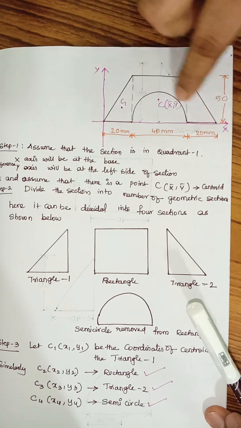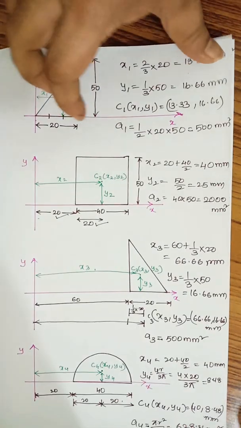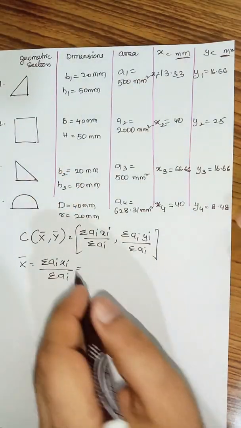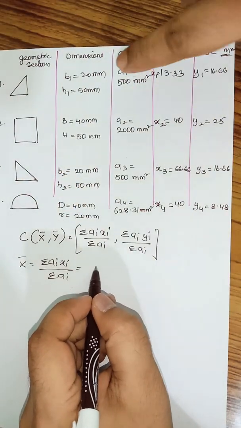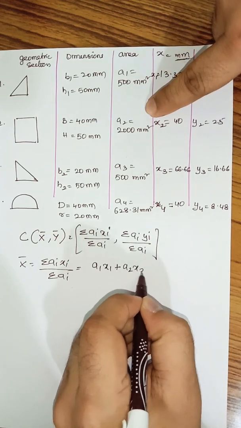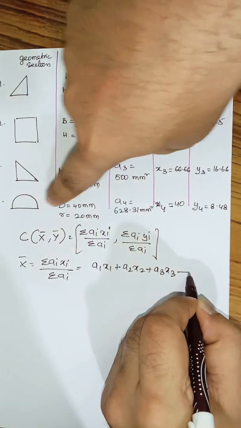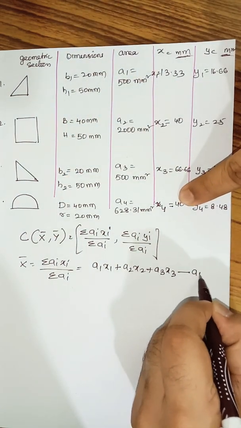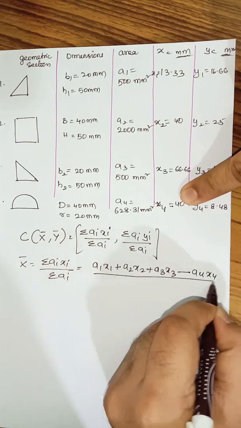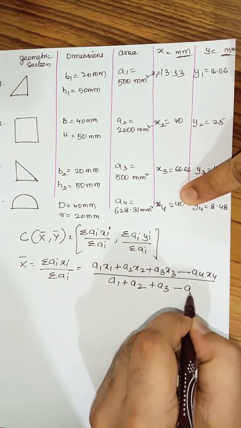Now from these elements, there is a semicircle which is subtracted, so in the formula we should be very cautious. So we have to write the formula as a1 x1 plus a2 x2 plus a3 x3. Now here comes the semicircle, it is a4 x4 divided by a1 plus a2 plus a3 minus a4.